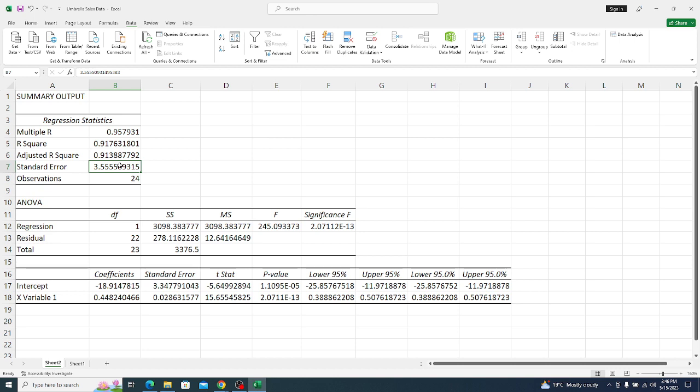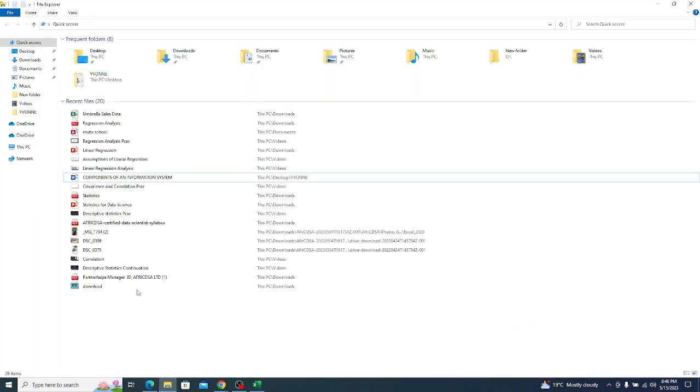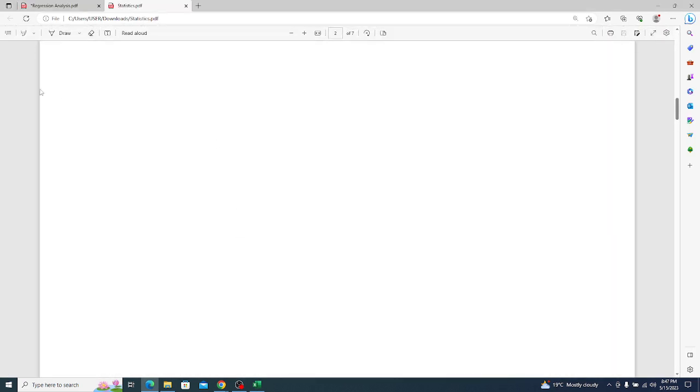But basically what standard error shows is the deviation, we can call it a deviation of a standard deviation. Why? Because even from its formula, it is given by the square root of variance.